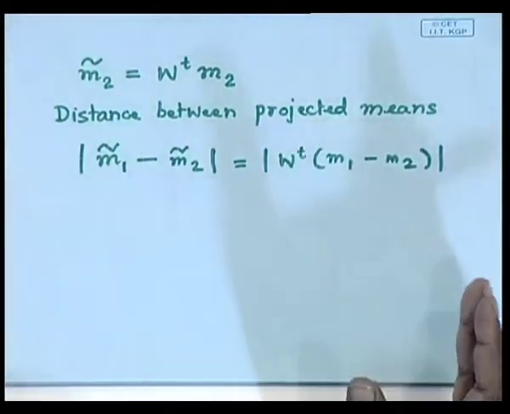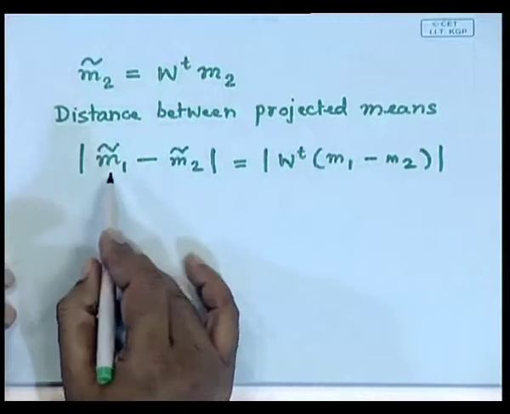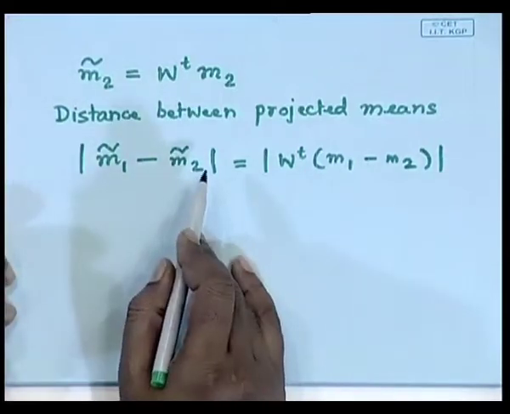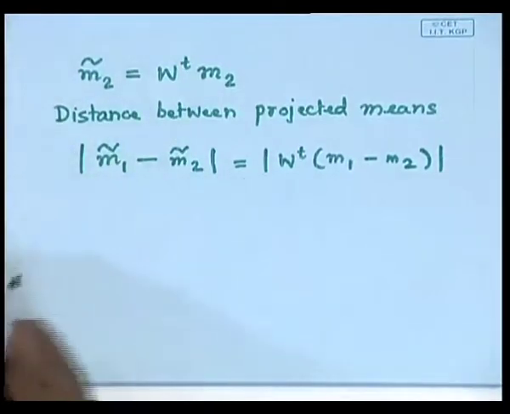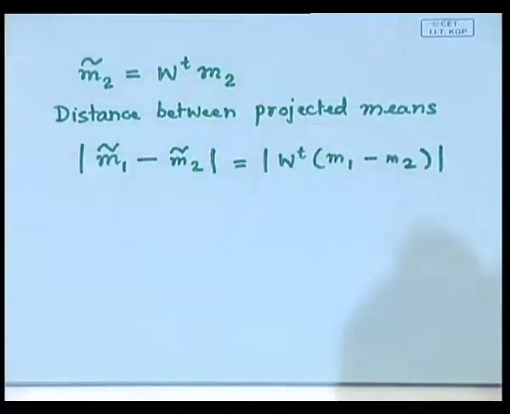As I increase the scale factor of W, the distance increases, and that ensures that I can increase the separability between the two classes. But the question is, how much should I increase the separation between the two classes? Should I go on increasing indefinitely?